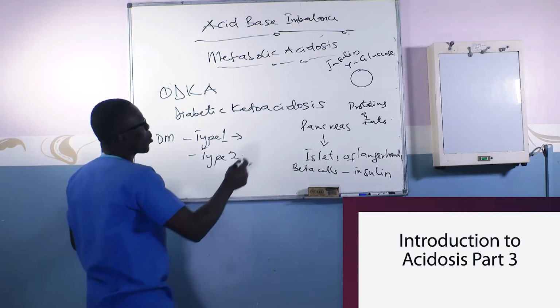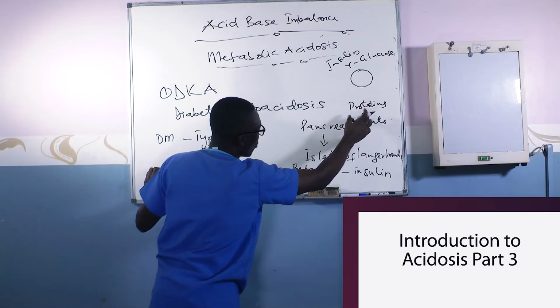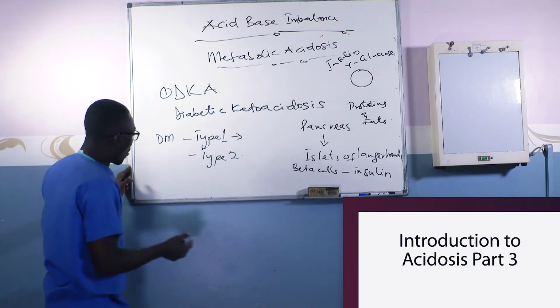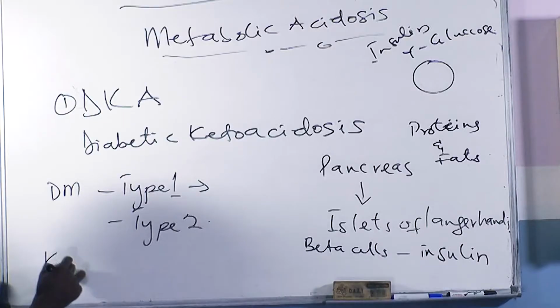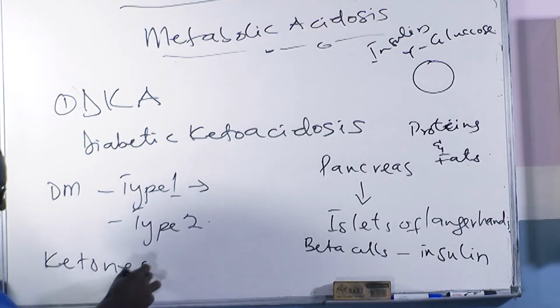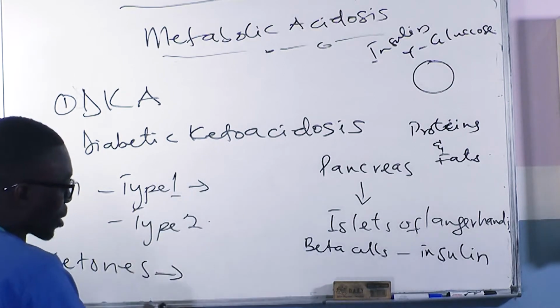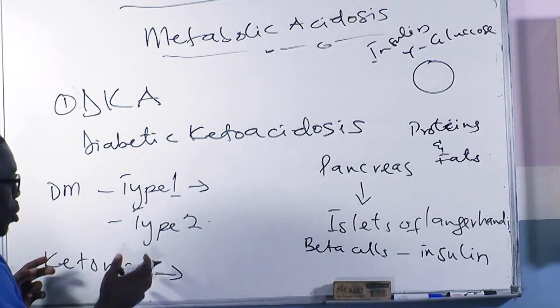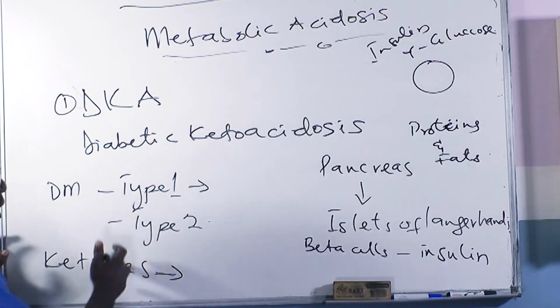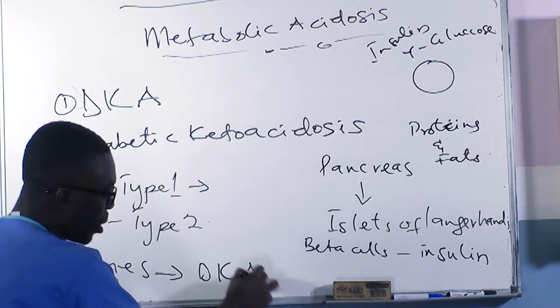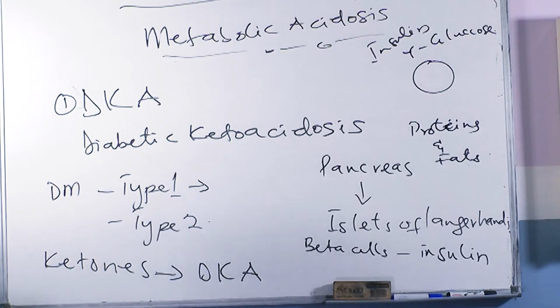Okay, then in the course of converting this protein and fat to generate energy, they end up releasing a substance known as ketones. Then these ketones are in the form of an acid. Then when these ketones accumulate in the body, it leads to DKA, or diabetic ketoacidosis.